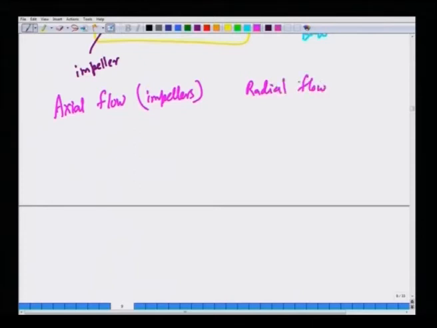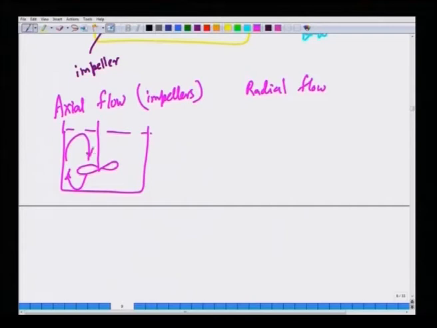The major difference is that the axial flow impeller, which looks like this, is like a propeller. Okay. This is the free surface of the liquid. It tends to push the fluid like this, and by continuity the fluid has to come like this back into the impeller.